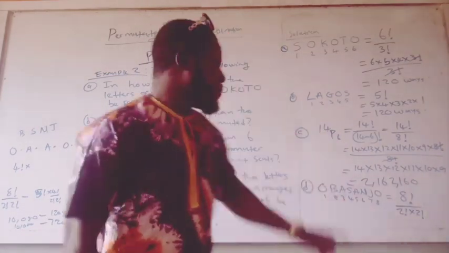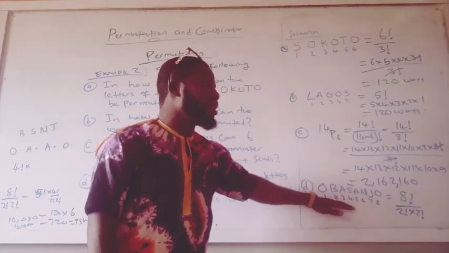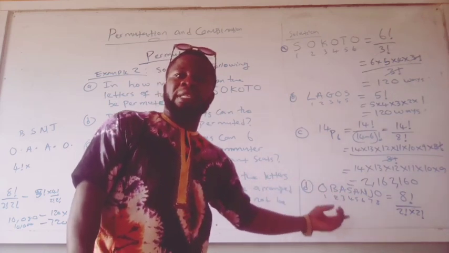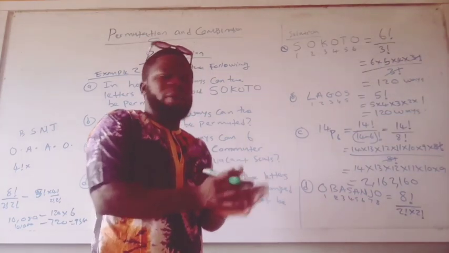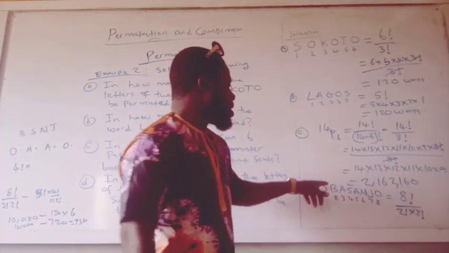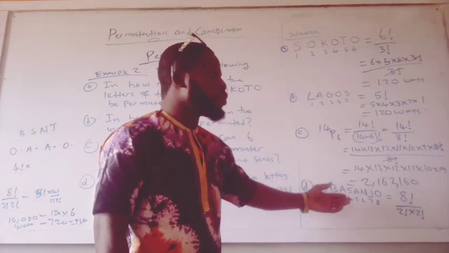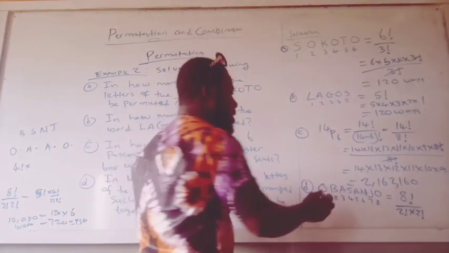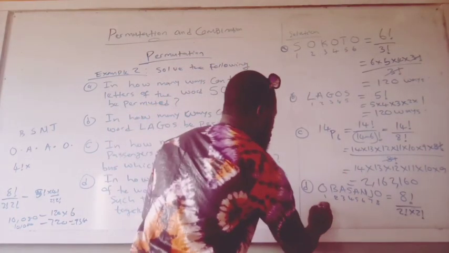So if I'm talking about the number of arrangements where the letters stay together, that means I will subtract when the letters are together from the totality. So if the letters are together, what will you have?